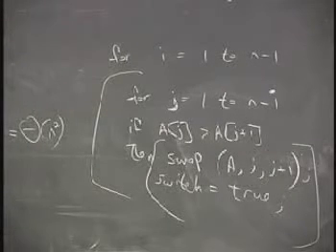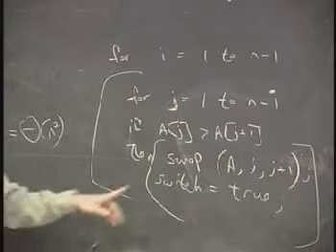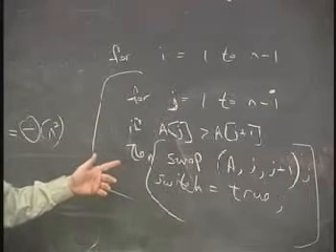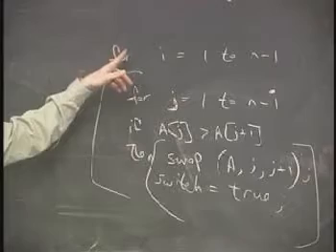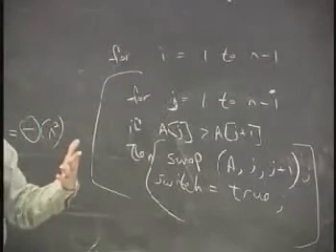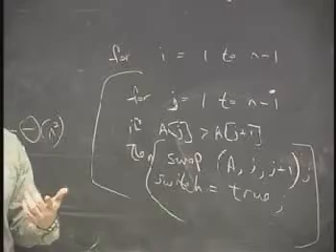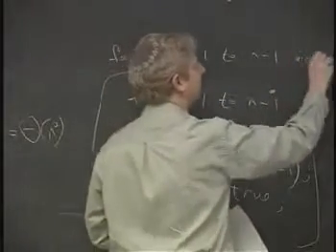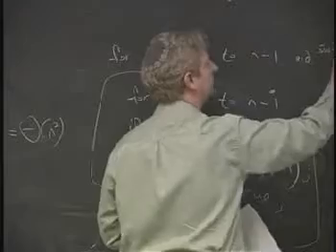Now I have to use that information. Where am I going to use it? Which loop needs to use that information? The outer loop has to decide. It's going 1 to n minus 1, but it only wants to do it if the switch is true. So for i equals 1 to n minus 1 and switch is true.